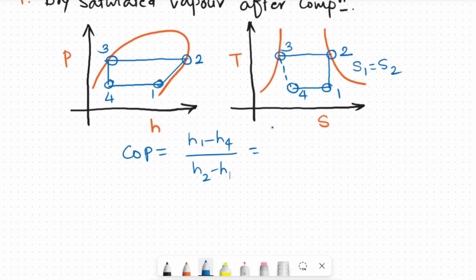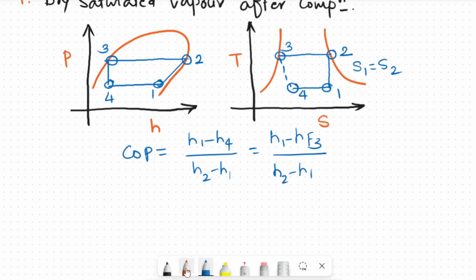So H1 minus H4 will be H1 minus HF3, over H2 minus H1. So this is the vapor compression refrigeration cycle where it is a dry saturated vapor after the process of compression. Friends, related to the numericals on this part, in one session you will find that the numericals are solved.